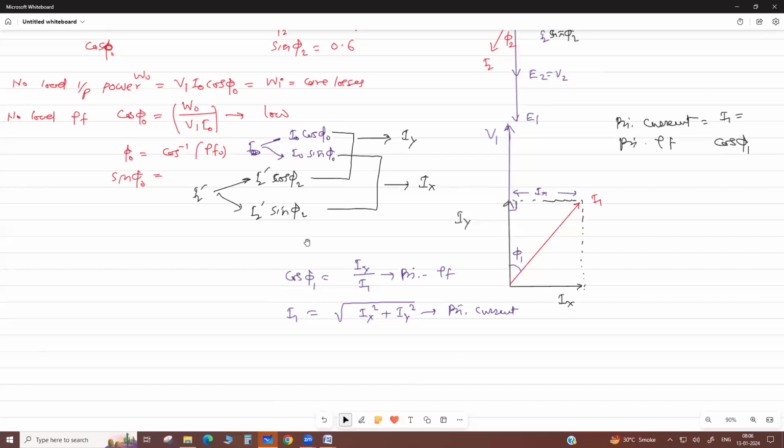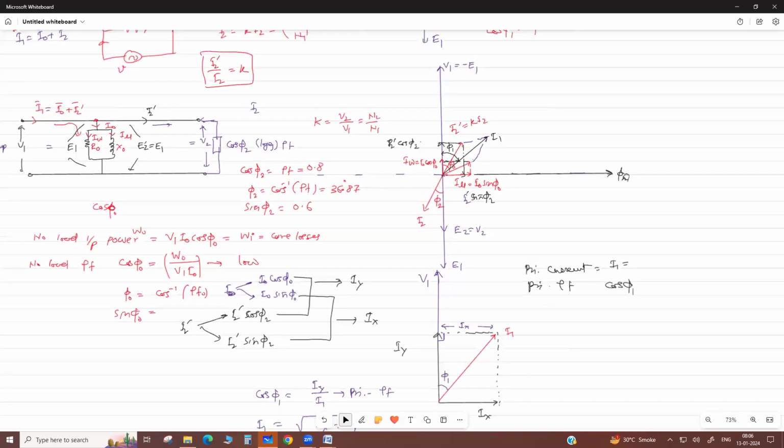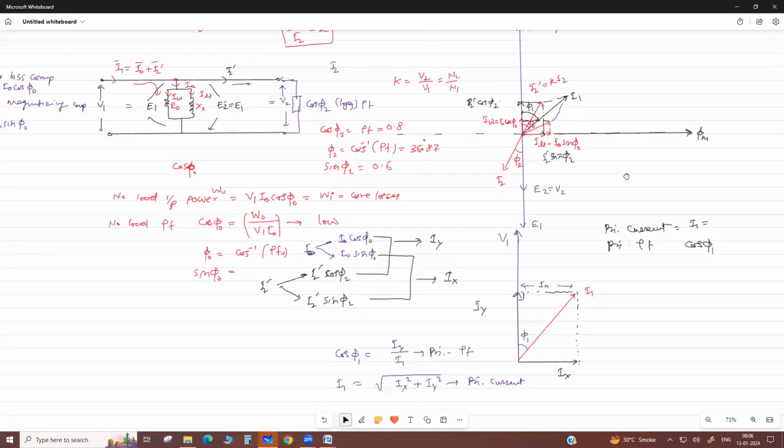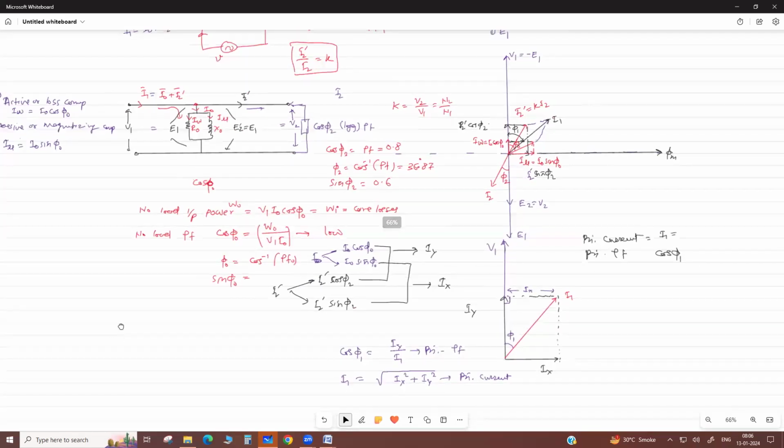This is the method to find the primary current. If no load current is given and full load secondary current is given, then you can calculate primary current and power factor by this phasor. So this portion is very important.